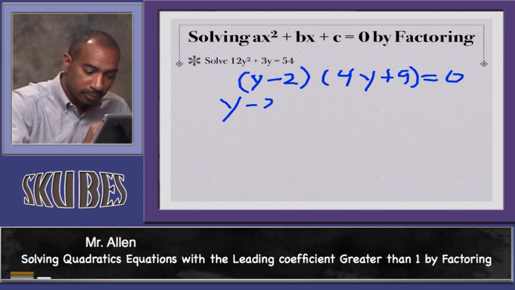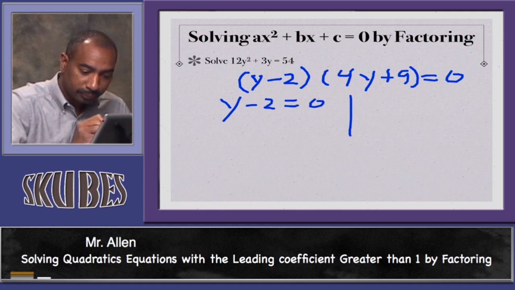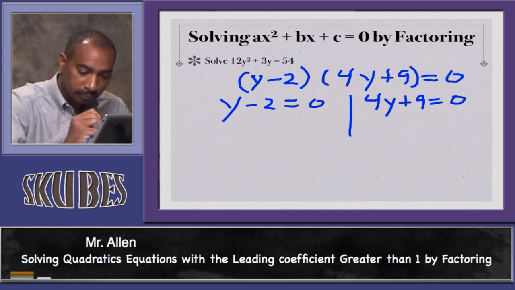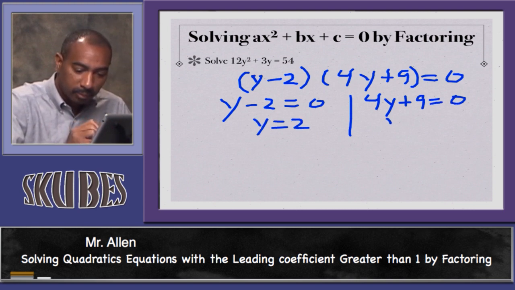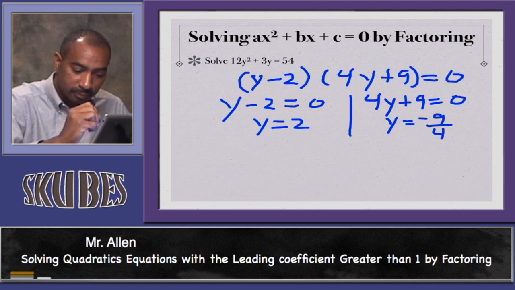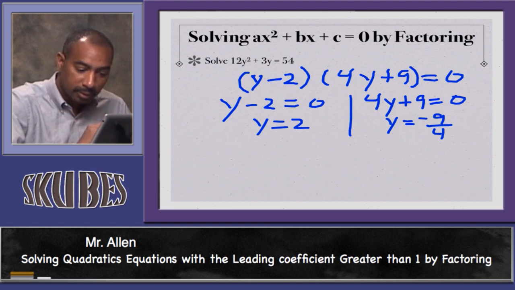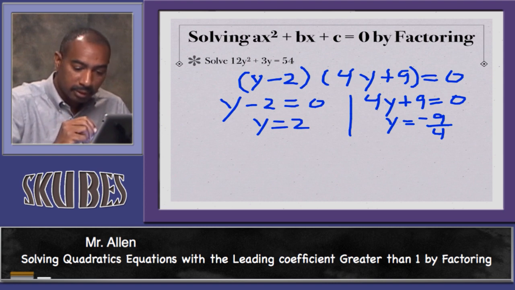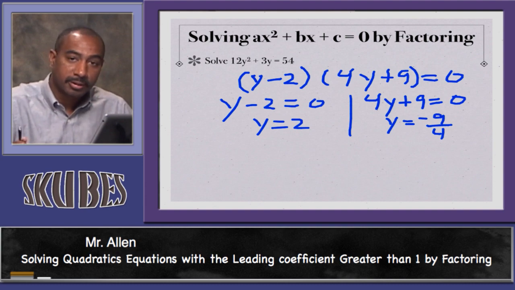So if I set these two equal to 0, y is going to equal 2, and y here is going to be negative 9/4. And that concludes this lesson for today.